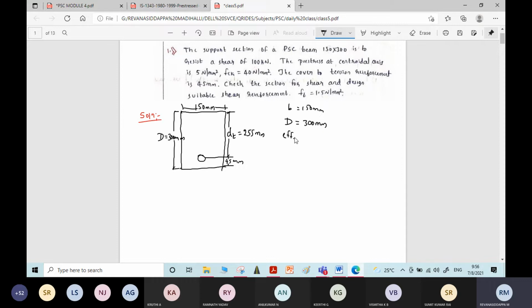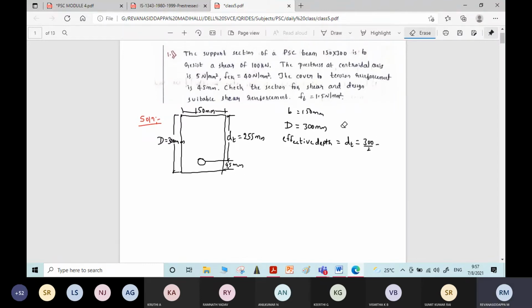Effective depth dt is equal to 300 minus 45, which is equal to 255 mm.